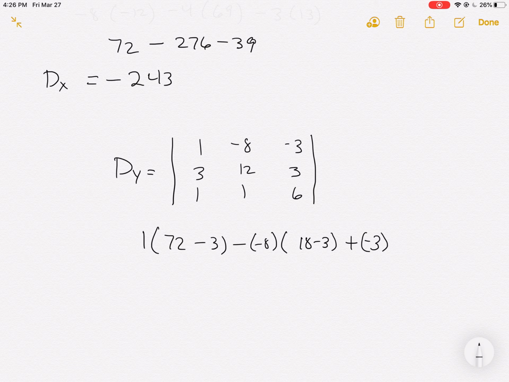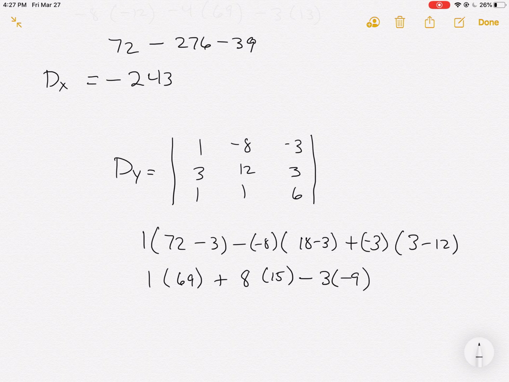Maybe that's how I write it just to make sure you can see those signs. 3 minus 12. And so what do we have? We have 1 times 69 plus 8 times 15, and then minus 3 times negative 9.